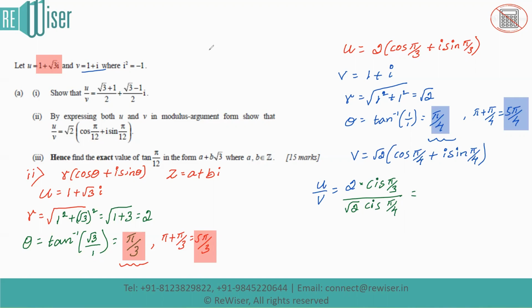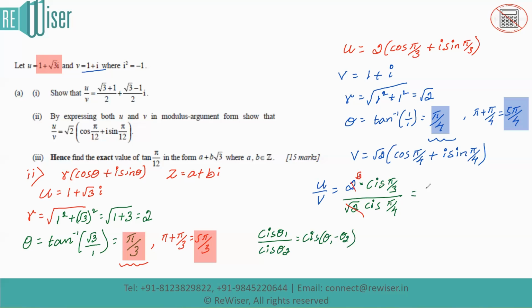Now, we have a law something like this. Whenever we have cis of theta 1 over cis of theta 2, this is going to be equal to cis of theta 1 minus theta 2. So keeping that in mind, first of all, if I simplify this one, root 2 will get cancelled out.